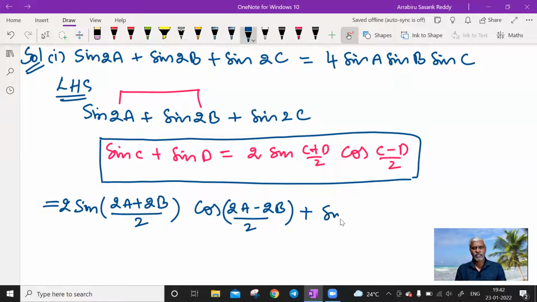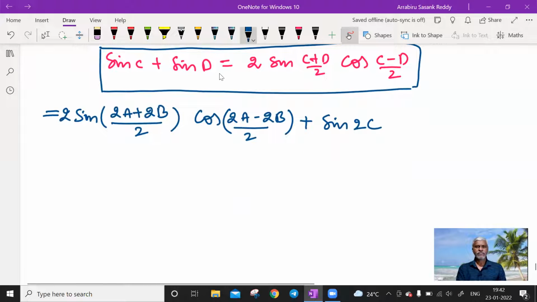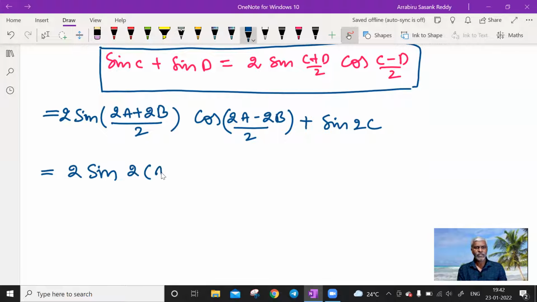Okay, let us write as it is. First two terms we are converting by using sin C plus sin D as 2 sin of (C plus D) by 2 cos of (C minus D) by 2. That gives 2 sin of 2(A plus B) by 2, taking 2 common and cancelling, and cos of 2(A minus B) by 2.